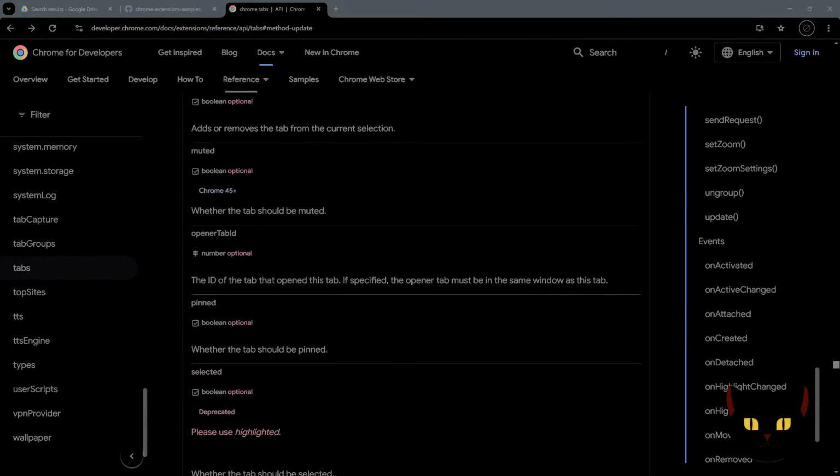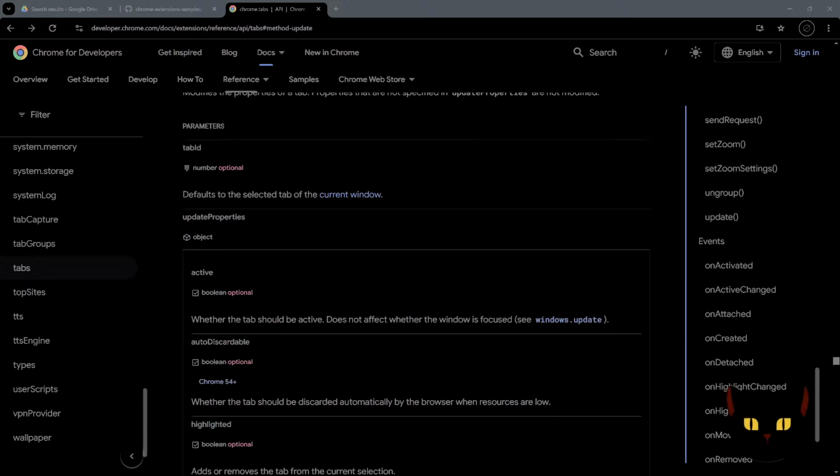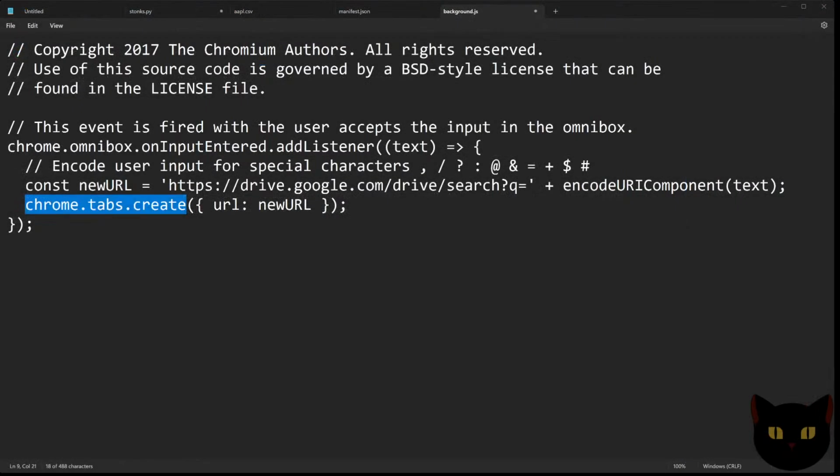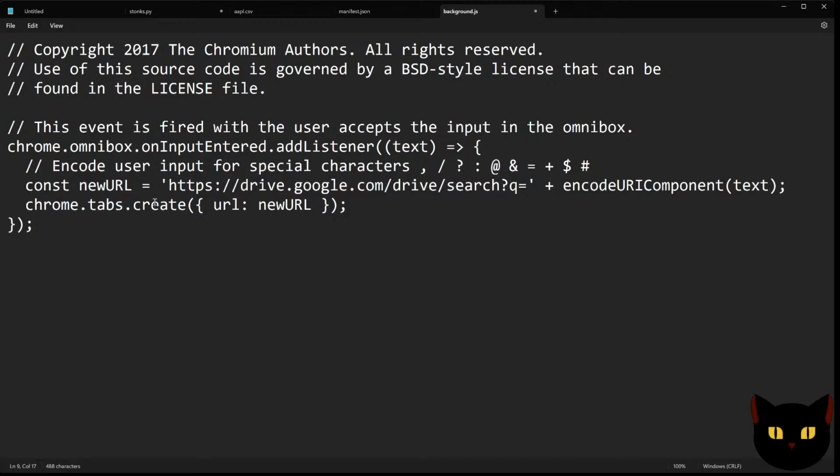Okay, so if I use app.update with same code that was over here. Just give it a URL, everything else should default to current settings.